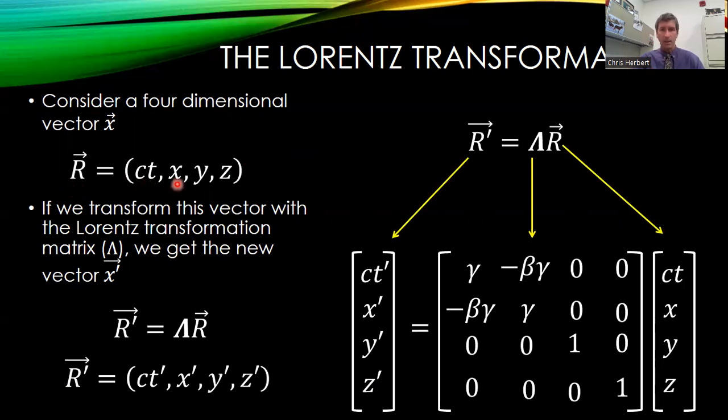Lowercase r would be our 3-dimensional vector x, y, z. Here, we're going to one more dimension, and we're including ct here. So basically, this linear equation would be represented like this. Here's our original 4-vector. We multiply it by the Lorentz transform matrix, and we get our new coordinates.